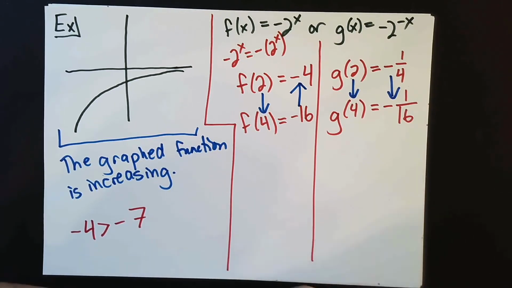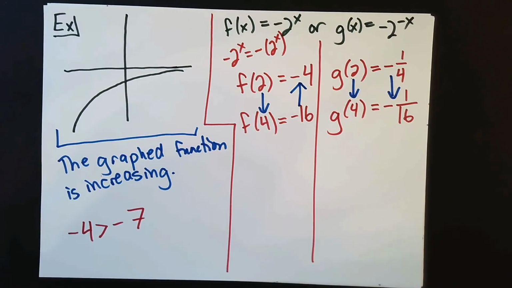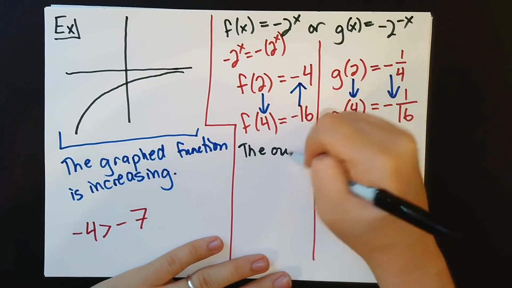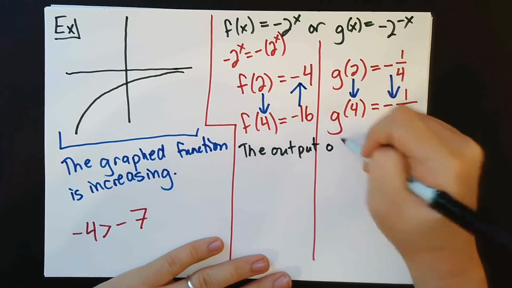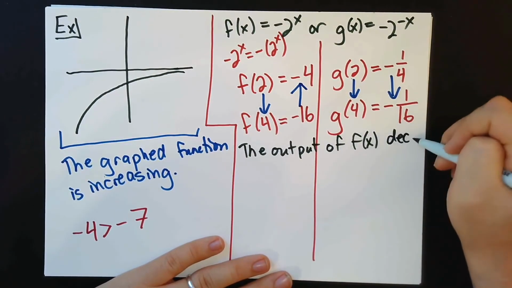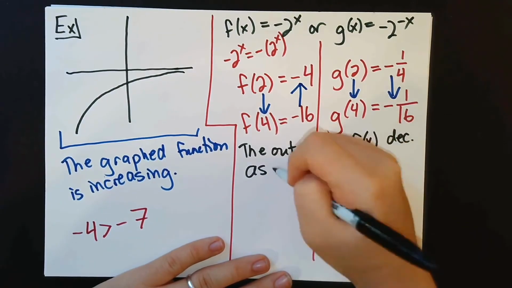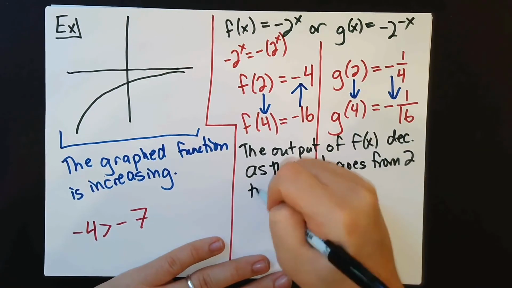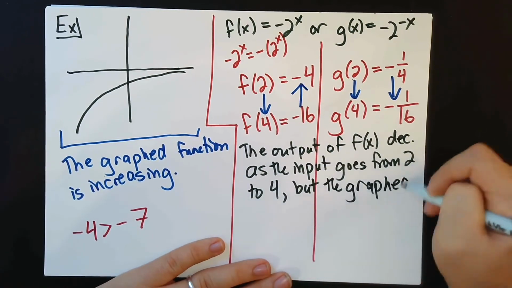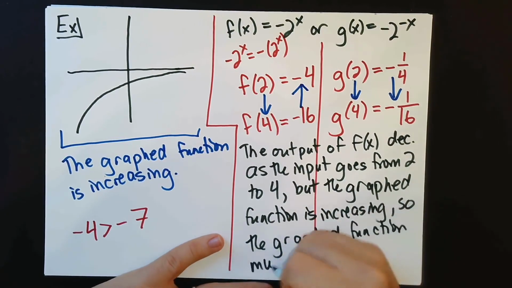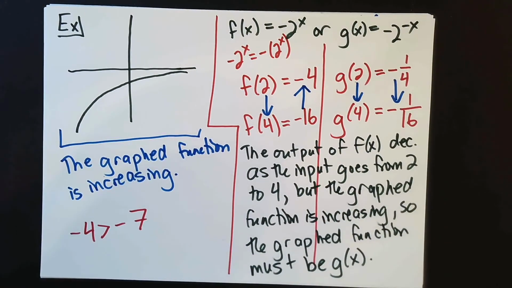And so much like last time, when I go to write this up, I'm going to write something like: the output of f of x decreases as the input goes from 2 to 4, but the graphed function is increasing, so the graphed function must be g of x.